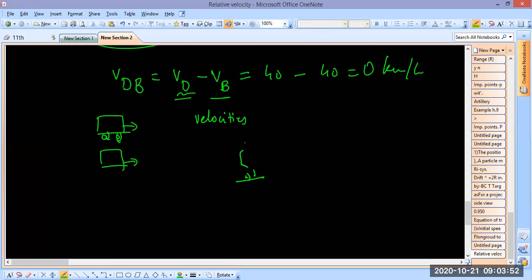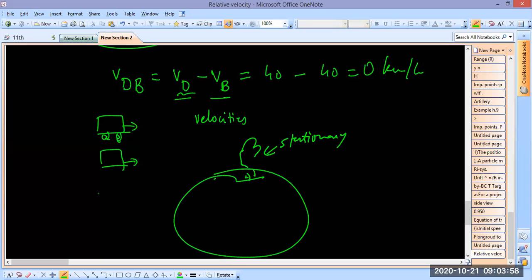Even trees are not stationary. Is a tree stationary? No way. If you watch from space, let's say this is Earth, and you're watching from space, then this tree is moving with the Earth at a speed of 30 kilometer per second.